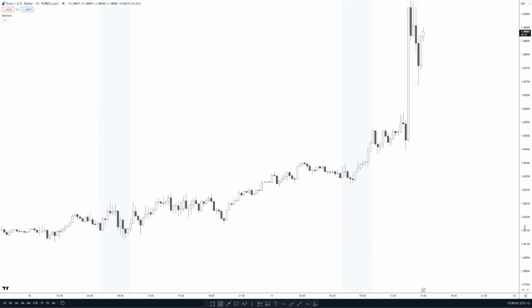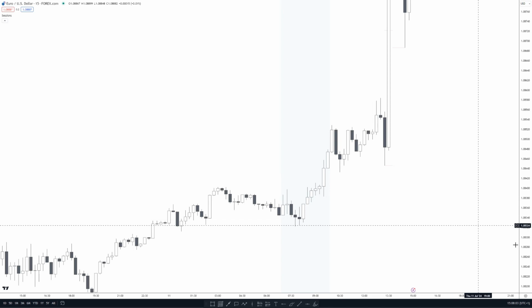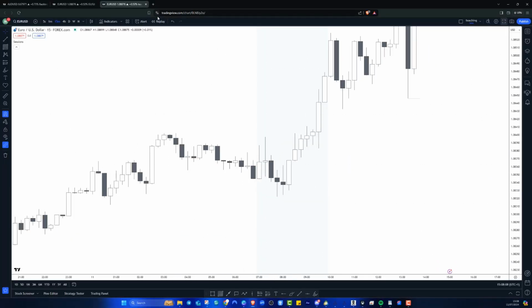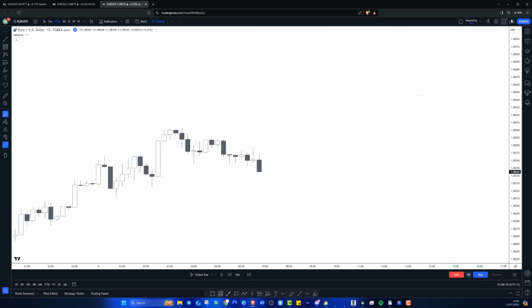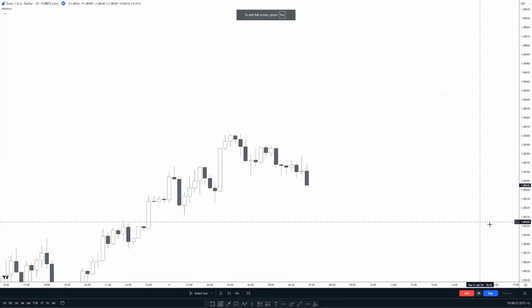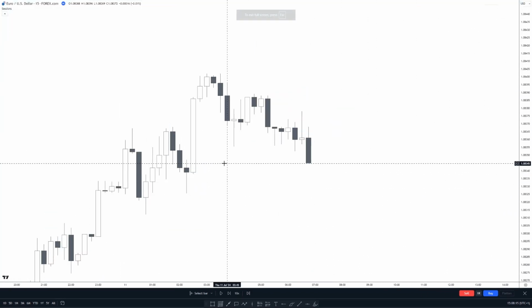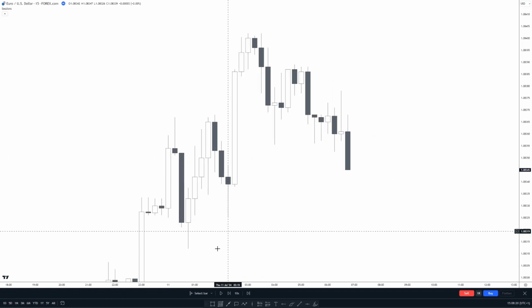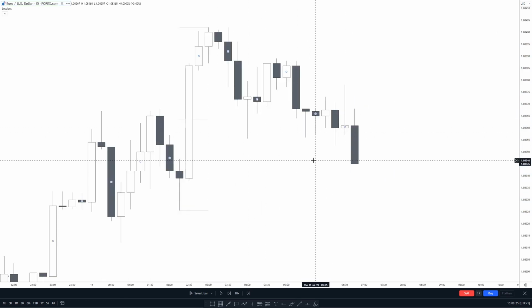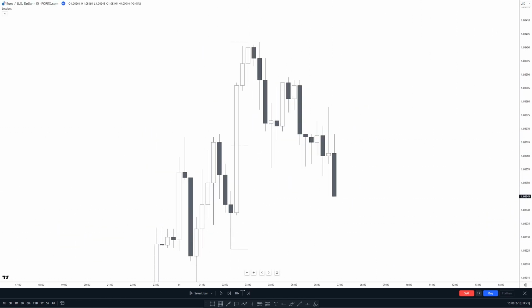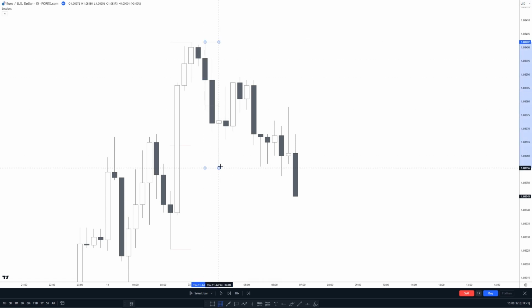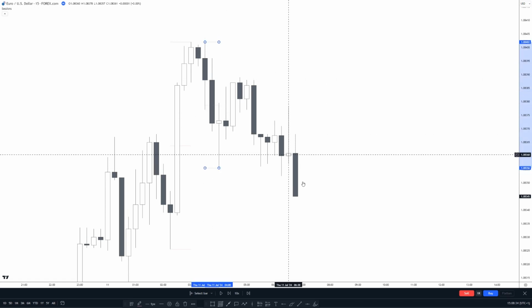Now, if we go to today's London session, I'll show you what I would have been looking at for that. So this would be where price was at the very start of my session. Again, just looking at this immediate bullish range here, and then the bearish equivalent, we had a range coming down here, it popped up, mitigated, and continued down.